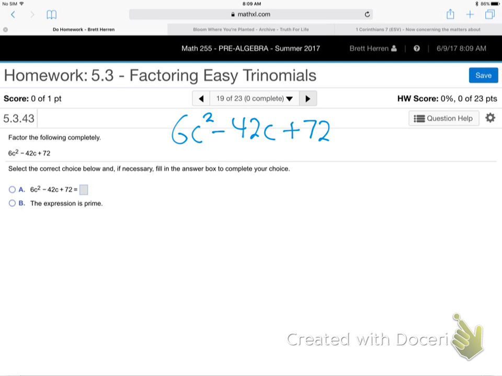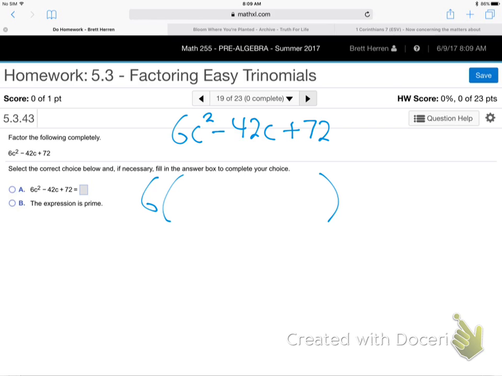Pick out what's in common. All right, what's in common? 6, right?